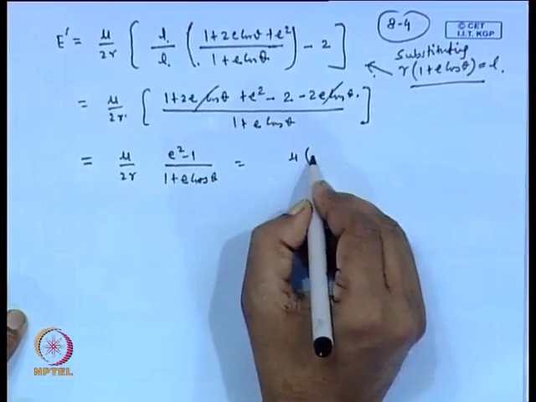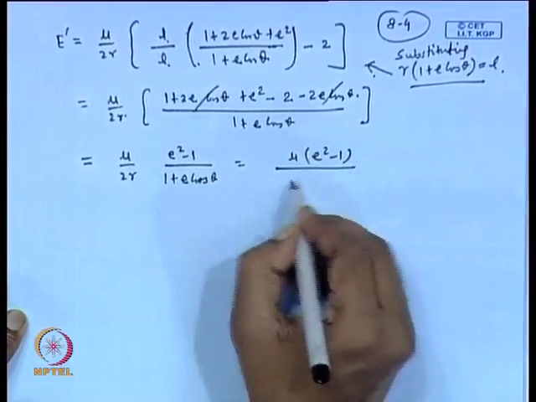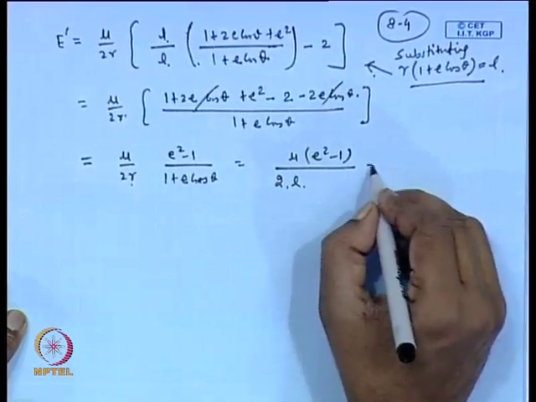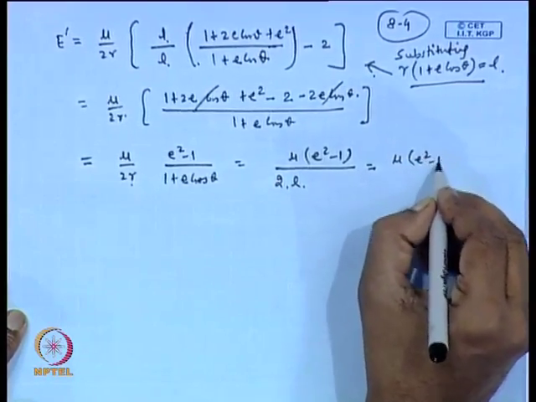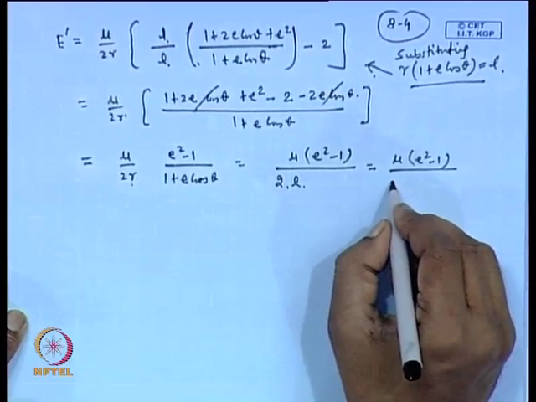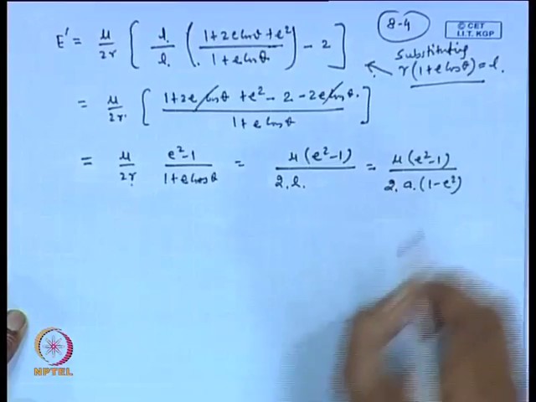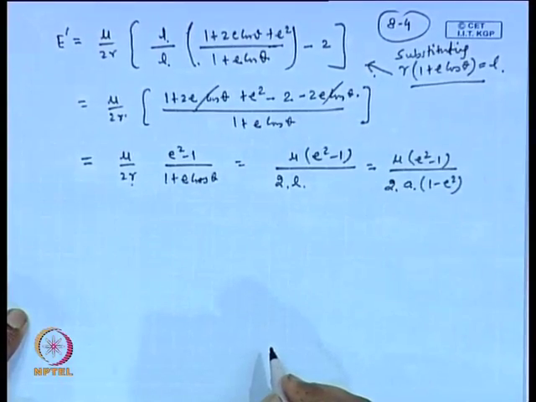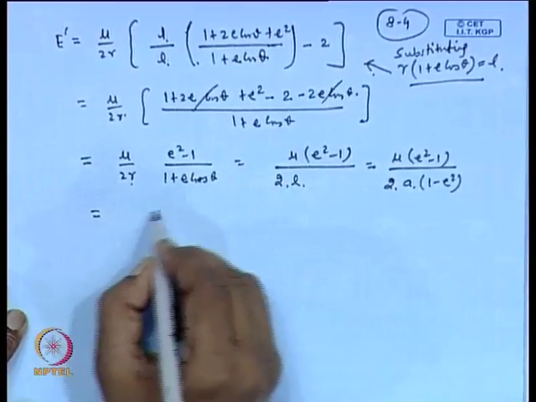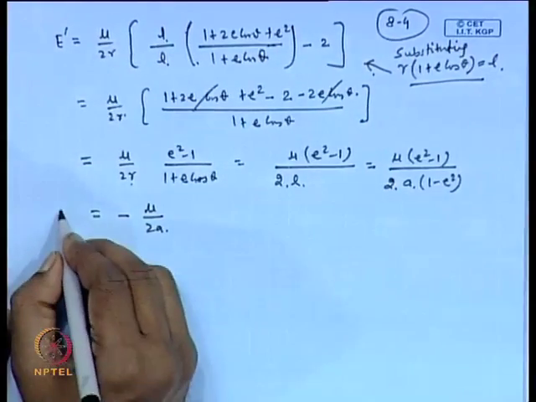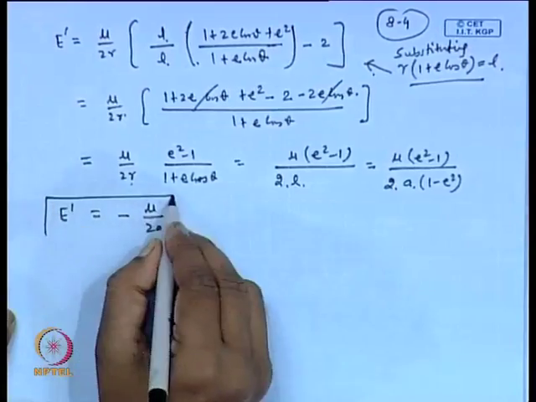So, this is nothing but mu times (e square minus 1) divided by 2 times r times (1 plus e cos theta), which is equal to L, and now L we know that the semi latus rectum can be written as a times (1 minus e square). So, the quantity becomes equal to mu by 2 a. Thus E prime is equal to minus mu by 2 a.